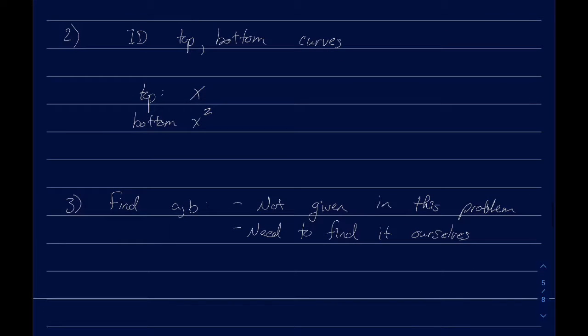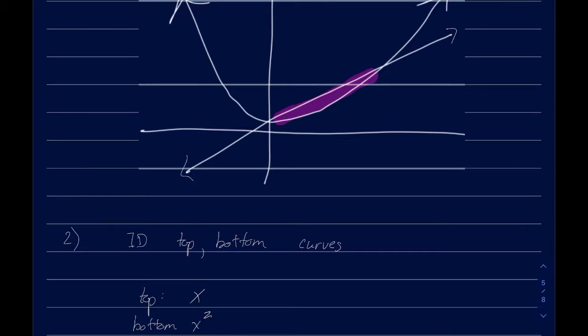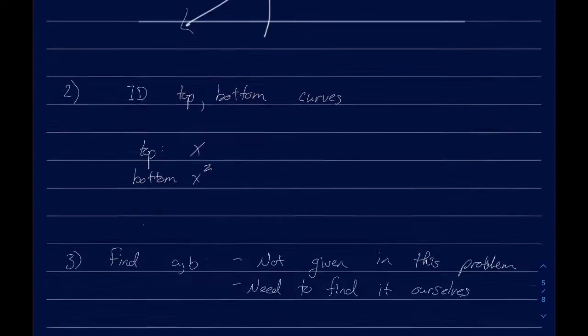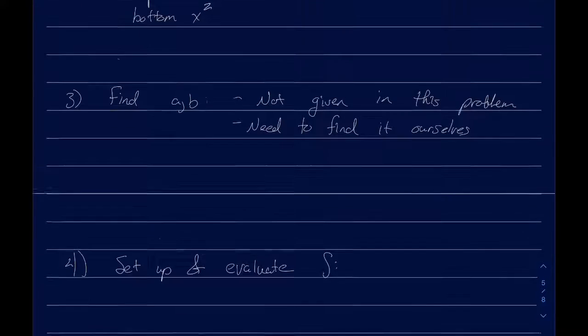So now we want to find a and b. It's not given in the problem, and we're going to need to find it ourselves. What we notice about a and b, or the bounds of our area, is that they're right here at these two spots where our two curves meet. So let's just go ahead and set the curves equal to each other.